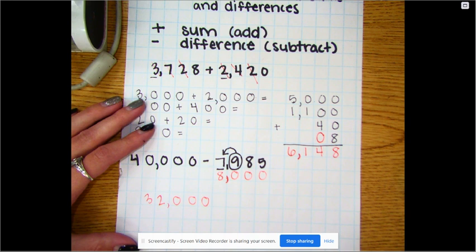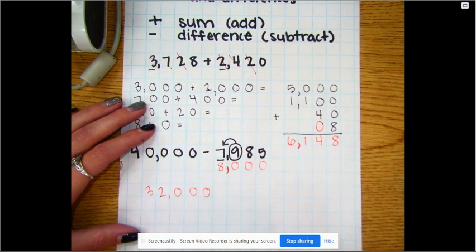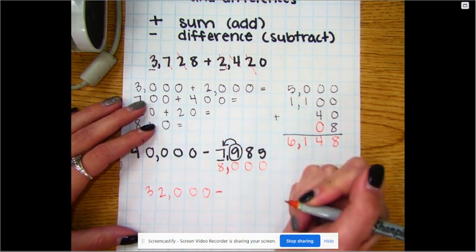Since I subtracted 15 too many, I have to add 15 to my answer. So if I look here, 85, well, I know that 85 plus 10 is 95, and 95 plus 5 more is 100, which would give me up to 8,000. So I'm going to have to subtract 15.